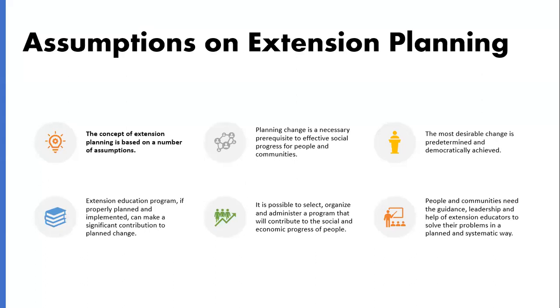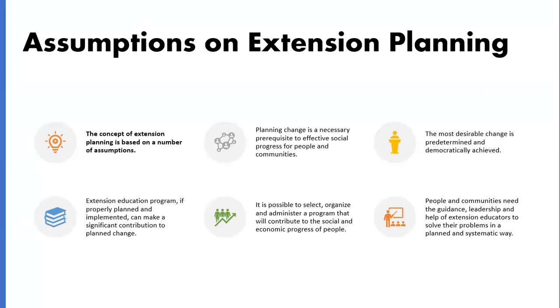And also, people and communities need guidance, leadership, and the help of extension educators to solve their problems in a planned, systematic way. That means we assume people and communities need guidance and leadership to resolve their problems. These are a few of the assumptions in extension planning.